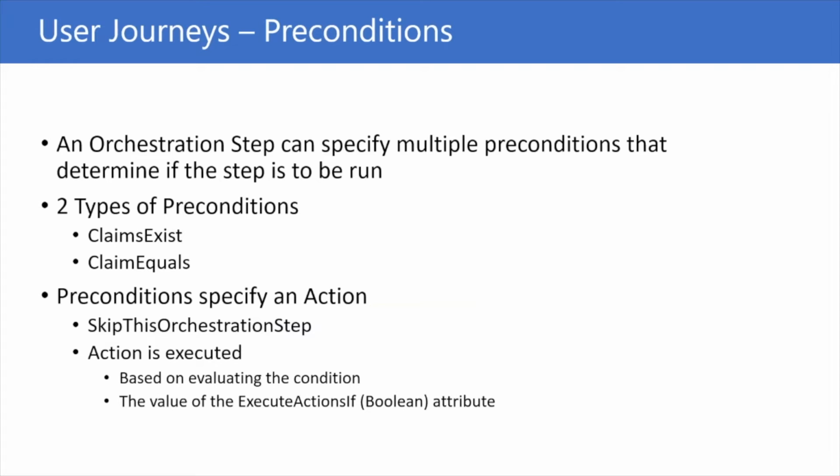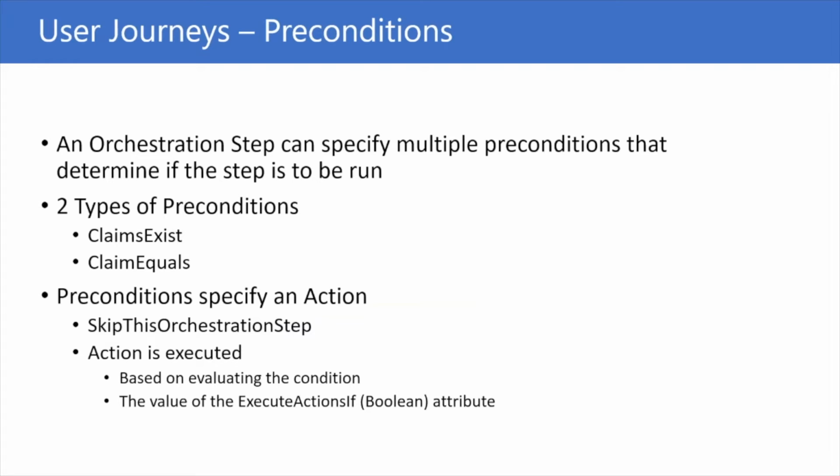Remember though, the first precondition to match executes its action. There is no support right now for Boolean matches like and or, but you can declare additional steps, additional claims, and use some claims transformations to do some logical processing on your values in an earlier step. And then when you reach the step that you want to determine if it should run, evaluate that value.